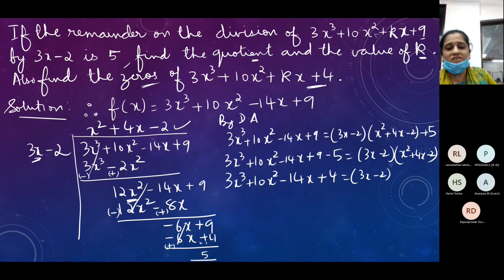So that is equal to 3x minus 2 into x squared plus 4x minus 2. So we have the zeros there. 3x minus 2 is one zero, so x is equal to 2 by 3. Then the other two zeros are in the quadratic polynomial, x squared plus 4x minus 2.